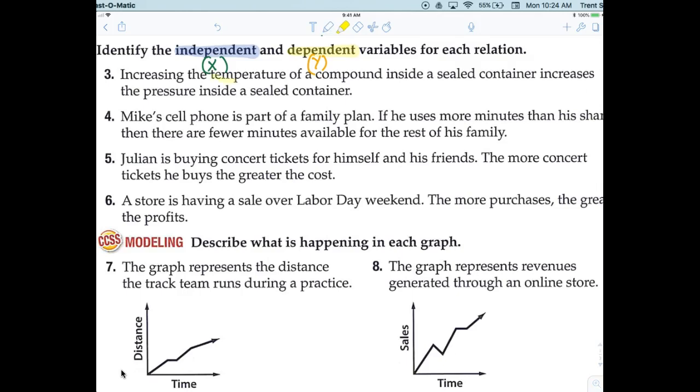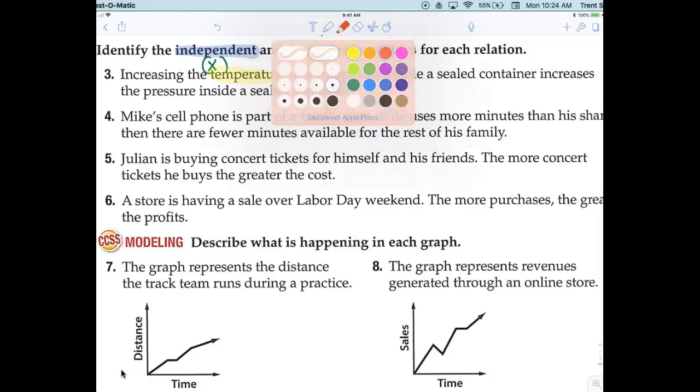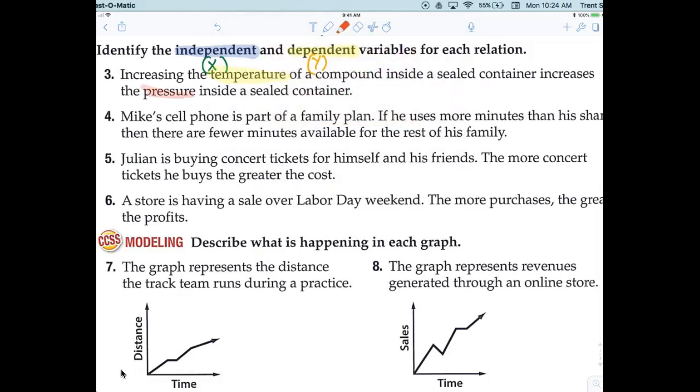I'm exactly correct, buddy. Thank you very much. So what is the independent? The temperature. Temperature is independent. If you raise the temperature, what's going to happen? The pressure increases. So the pressure depends upon the what? Temperature. Yes, that's exactly correct. You with me?